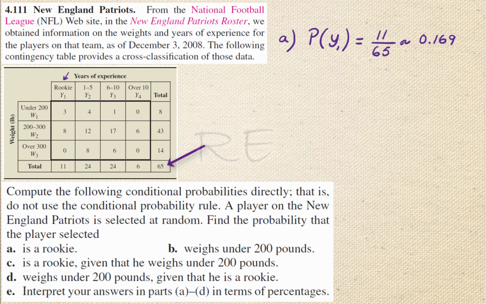And that number is 0.169. B, the unconditional probability that the player is under 200 pounds. Under 200 pounds, the symbol is W1. And P(W1) will be, we have 8 players under 200 pounds, 8 divided by 65, which is 0.123.